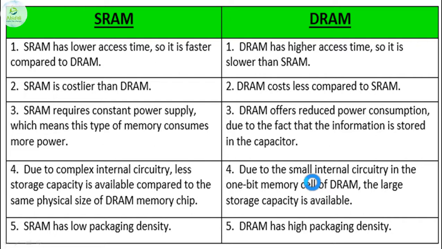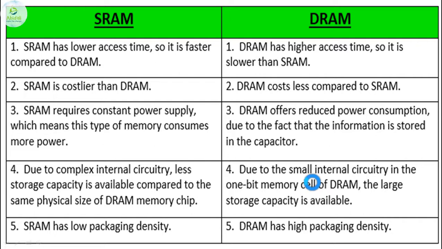So it is faster compared to the dynamic RAM. But the dynamic RAM has high access time, that means the information that I need to access takes a little longer time than the static random access memory. So the dynamic is slower than the static memory.